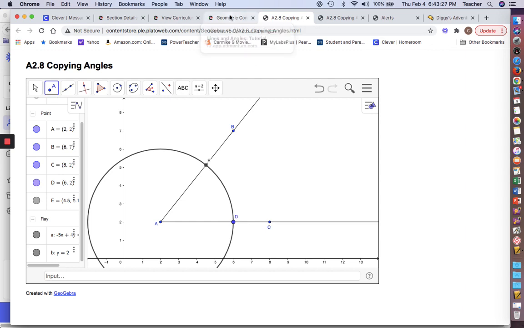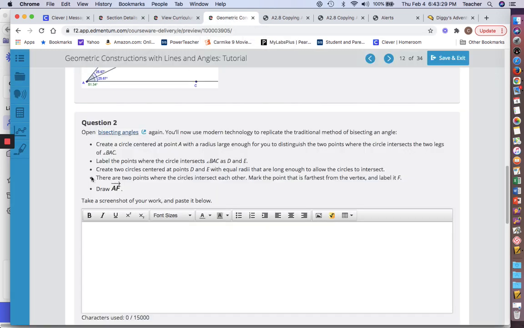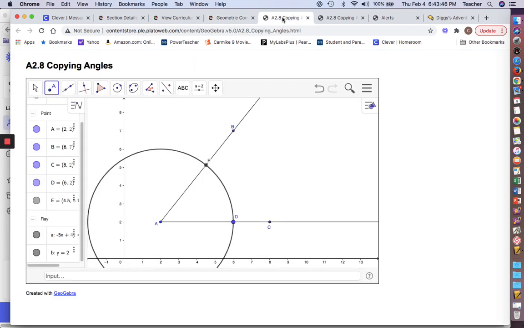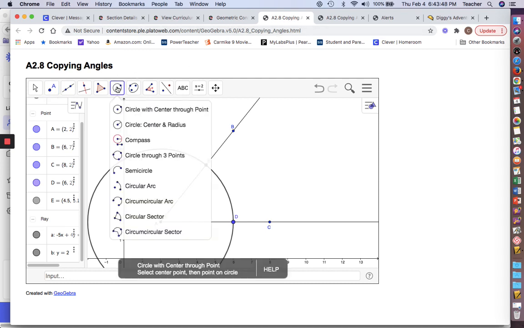Gotcha. Okay. Create 2 circles centered at points D and E with equal radii that are long enough to allow the circles to intersect. So they have to be the same radius, and the circles have to intersect each other. One from D and one from E. I have to choose center and radius.